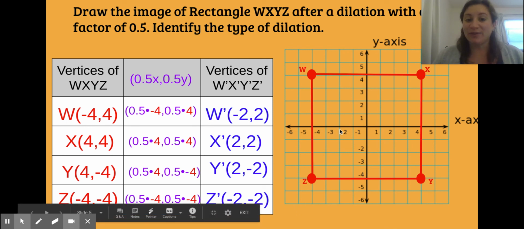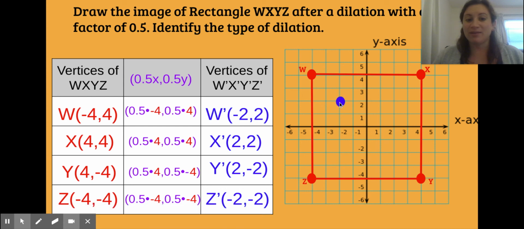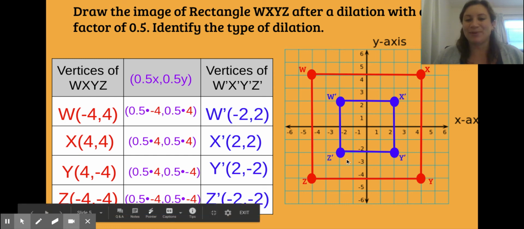So we go to negative 2 comma 2 and we put a point, 2 comma 2 and we put a point, 2 comma negative 2 and we put a point, and negative 2 comma negative 2 and we put a point. Then we draw our new rectangle. They are actually squares, which is a type of rectangle. And we label W prime, X prime, Y prime, and Z prime.